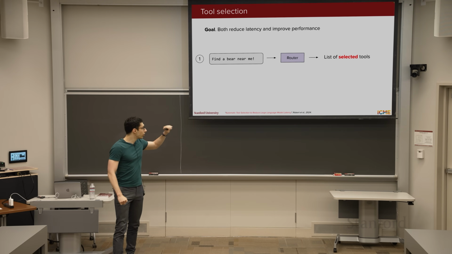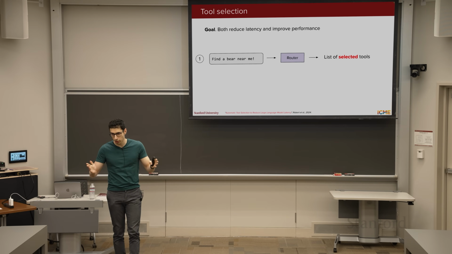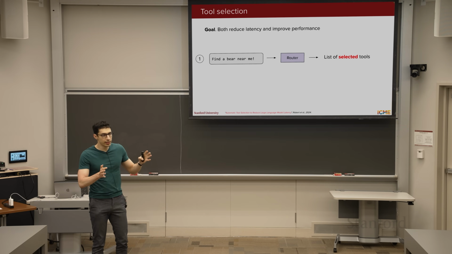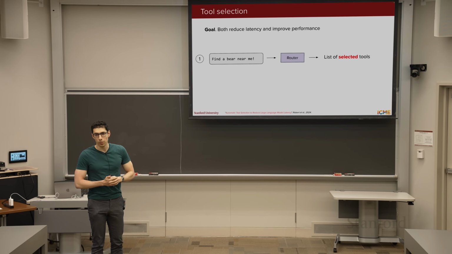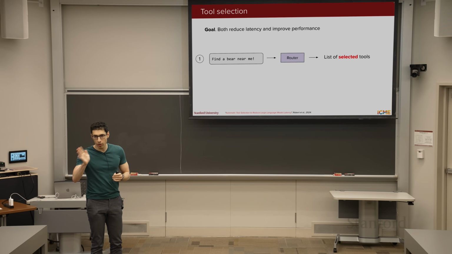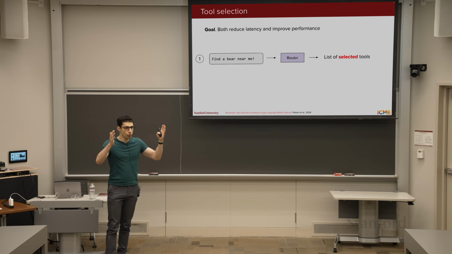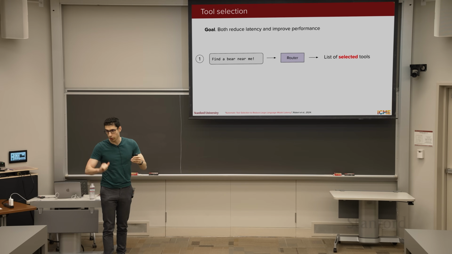This is why the technical paper calls this system a tool selector. You could even see the term router being used in the literature. So tool selection and routing are similar concepts. The goal here is to restrict the number of tools to only those that might be useful.